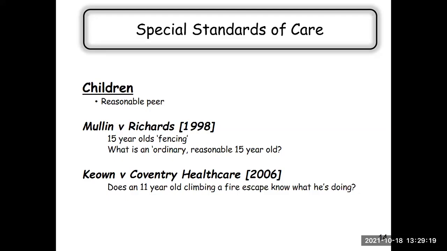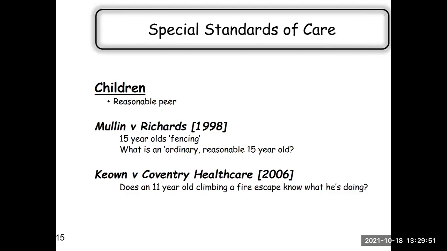The question was whether or not the hospital should have expected or should have done more to try and prevent this from happening. The court said in this instance, the 11-year-old could read. He saw that there were signs saying no admittance, and he knew what he was doing was wrong. The court said an 11-year-old knew under these circumstances that what he was doing was wrong.